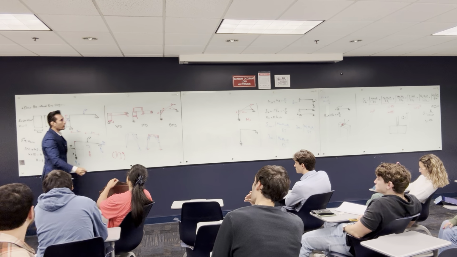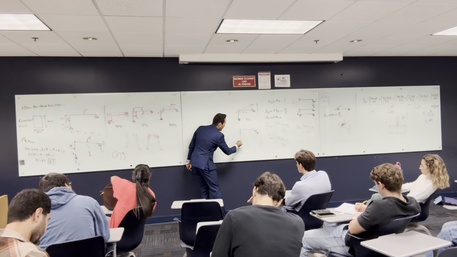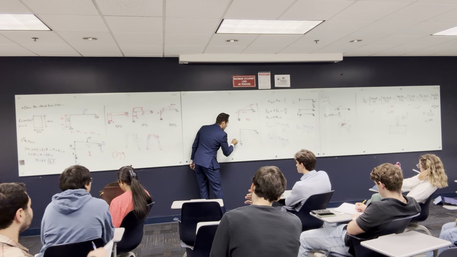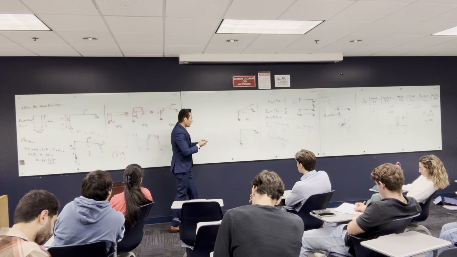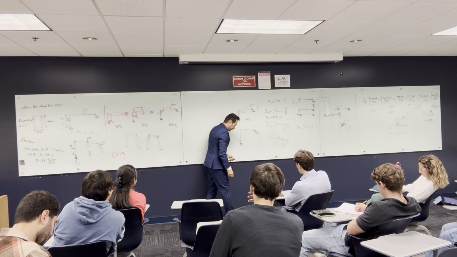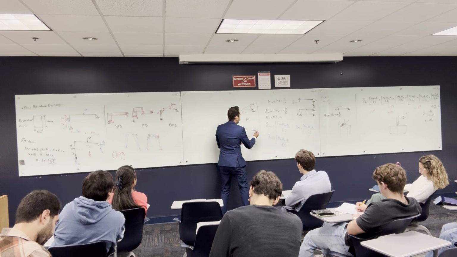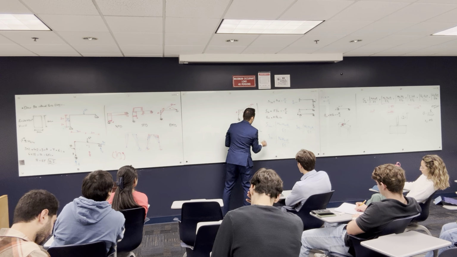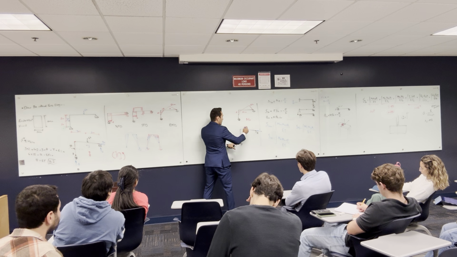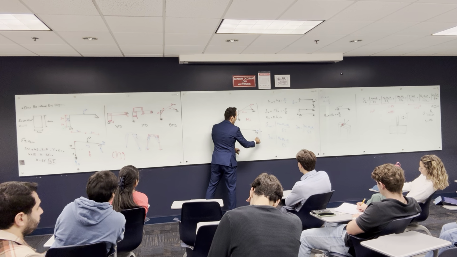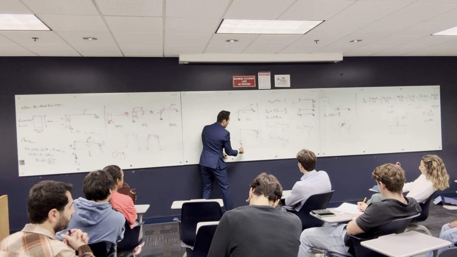So you put a unit load here, 1 ton. When you put it that way, you are going to have a reaction here equal to 1, and these two are going to make a couple. So you end up having a reaction going down here, and a reaction going up.